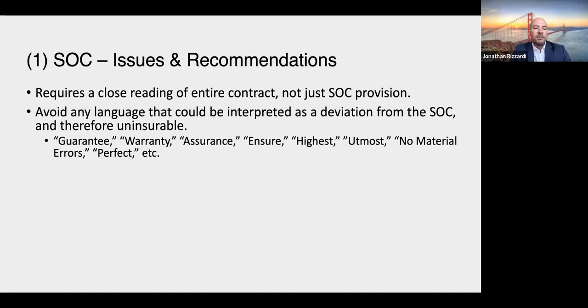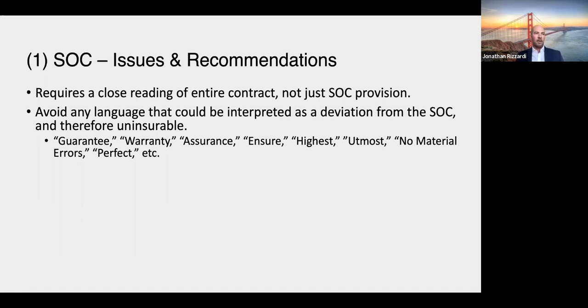But the most common thing I see is that the architect is not paying attention to other areas of the contract where language may come up that could be interpreted as altering the standard of care. So the terms I've listed here, terms like guarantee, warranty, assurance, et cetera, even if it's not in the standard of care provision itself, may come up later.